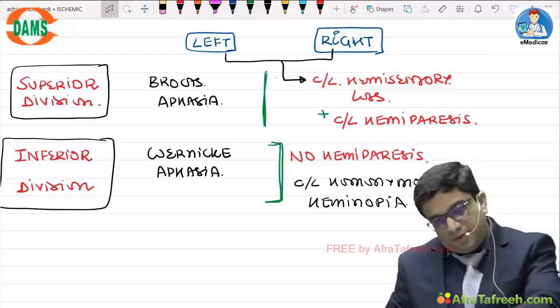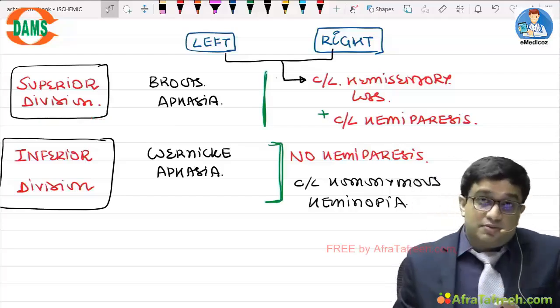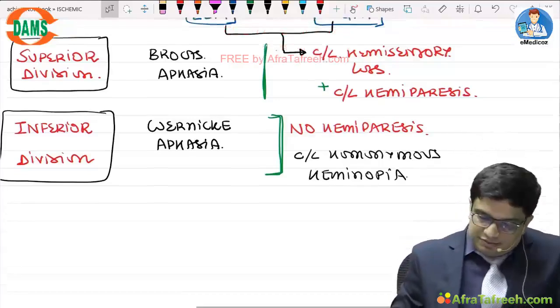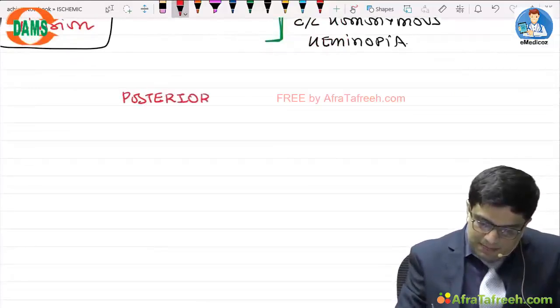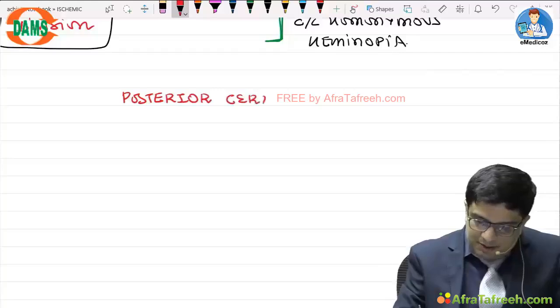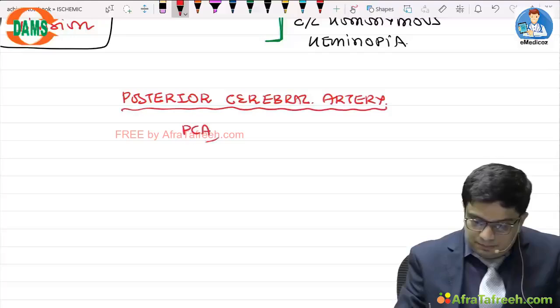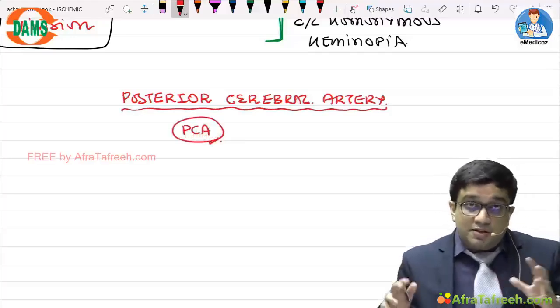Now remember this, another very important artery is the posterior cerebral artery. It's another very favorite of all the examiners that I've seen. The posterior cerebral artery, or the PCA, supplies the posterior part and the medial part of the brain.